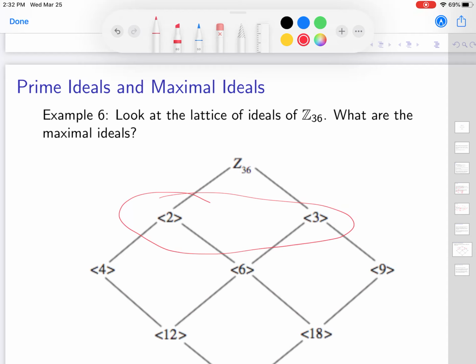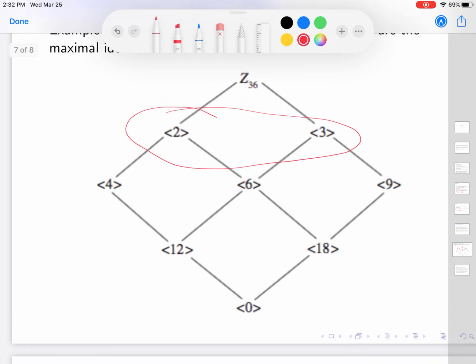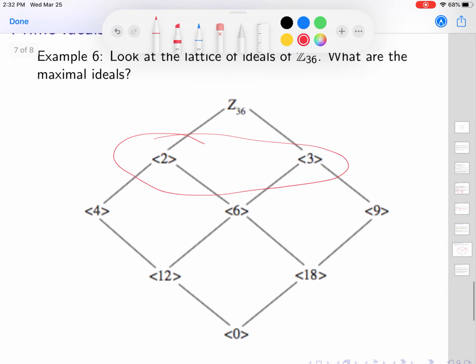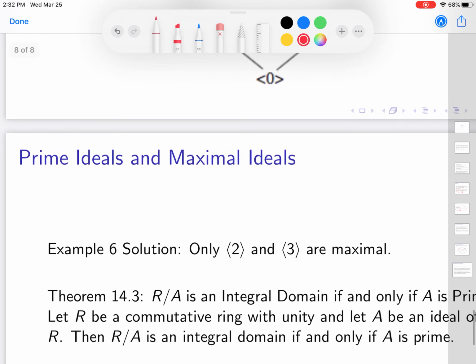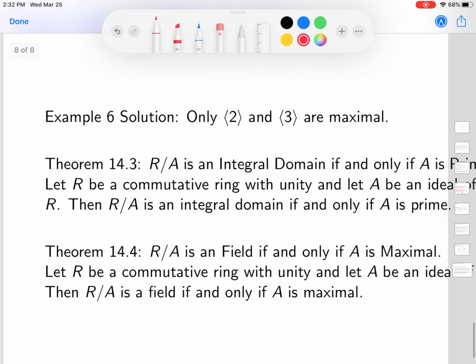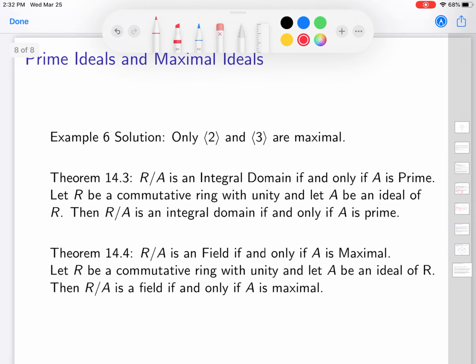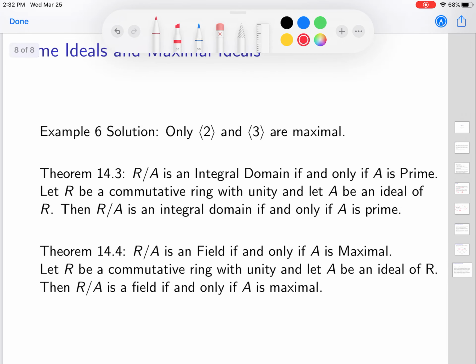Which ideals do we have where there's no ideal that contains it except for the whole ring itself? So by looking at this, we see that it's just 2 and 3. So only the cyclic ring generated by 2 and the cyclic ring generated by 3 are maximal.